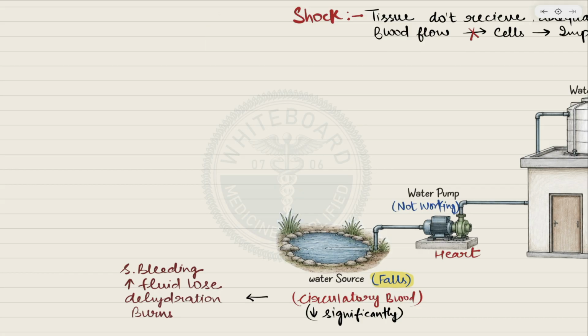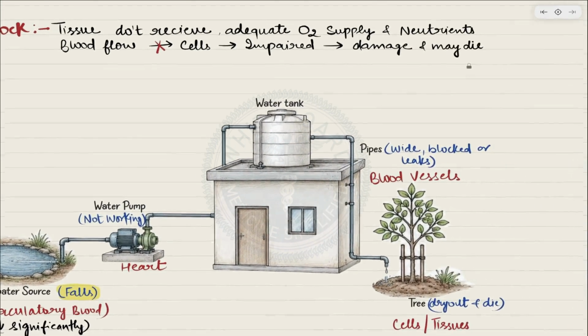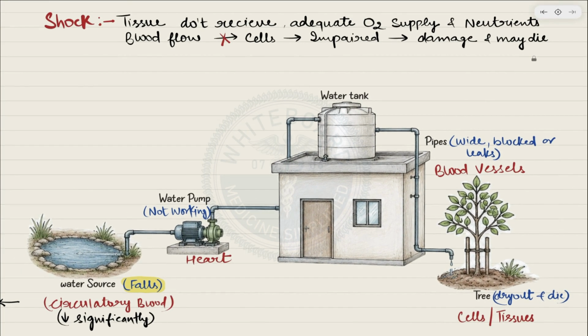Because there is less circulating fluid available, less blood reaches the tissues and consequently, less oxygen and nutrients are delivered to the cells. This type of shock, which occurs due to a loss of circulating blood or fluid volume, is known as hypovolemic shock.